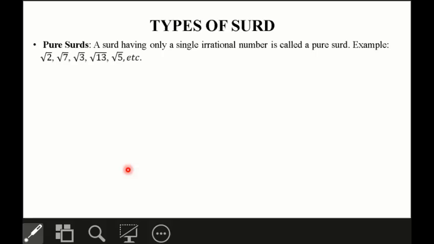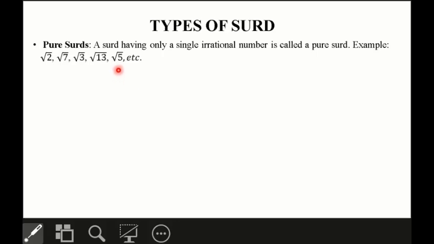We say that a set having only a single irrational number is called what? A pure set. An example is the root of 2, the root of 7, the root of 3, the root of 13, the root of 5. Whenever you have a set having a single irrational number, we term it as what? A pure what? Set.